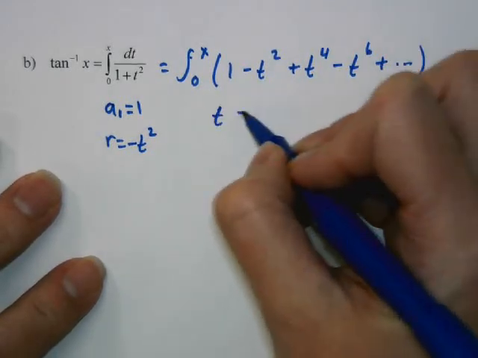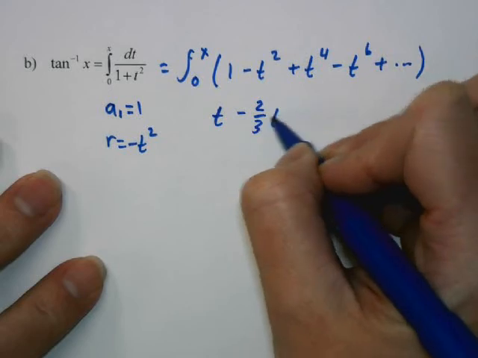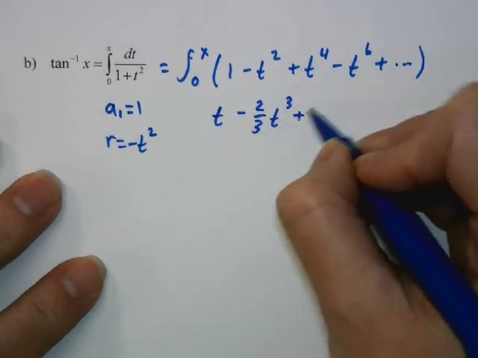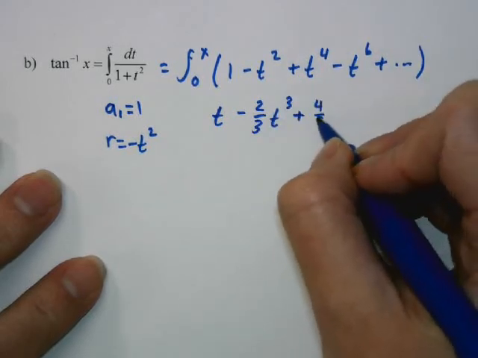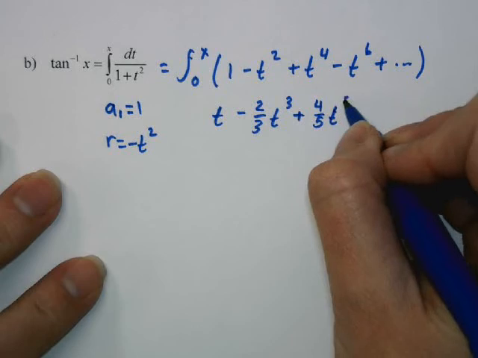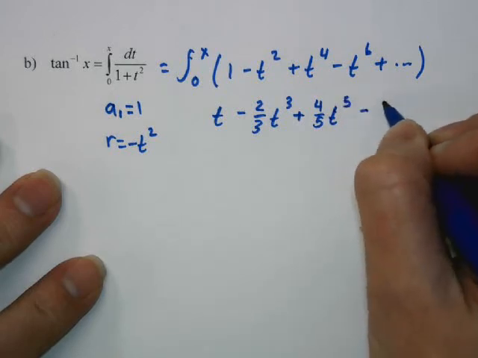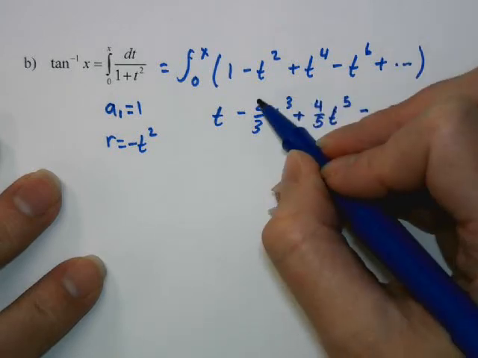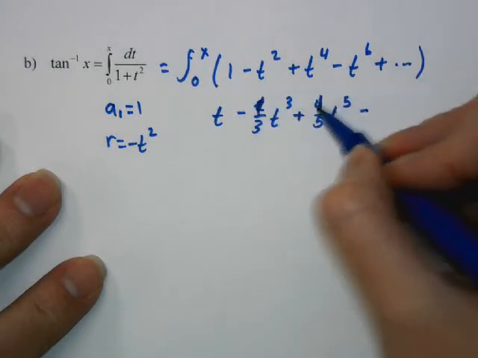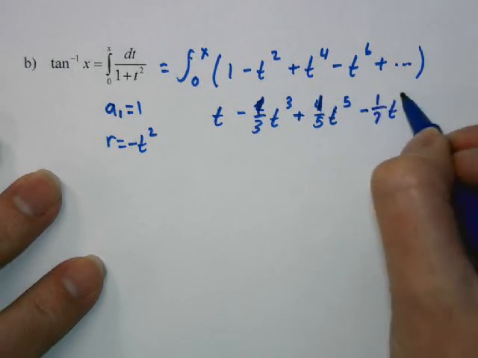That'll be t minus 1/3 t cubed plus 1/5 t to the 5th minus 1/7 t to the 7th.